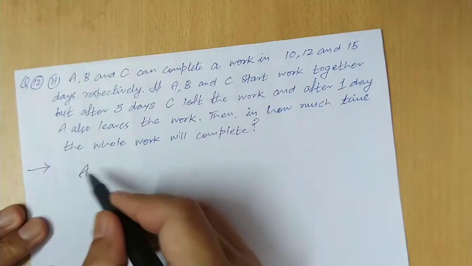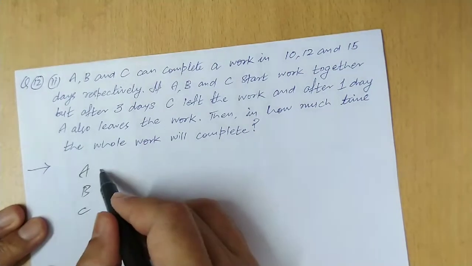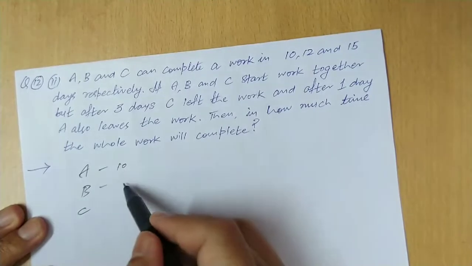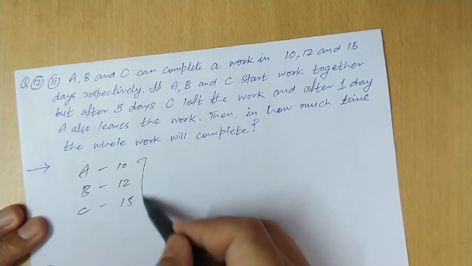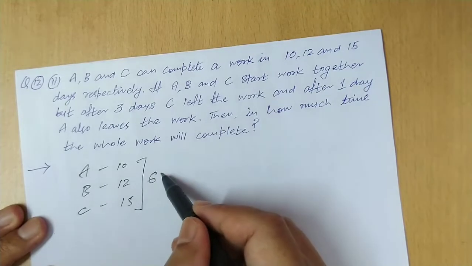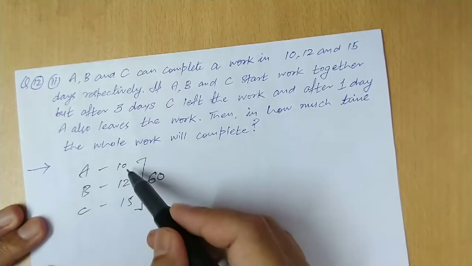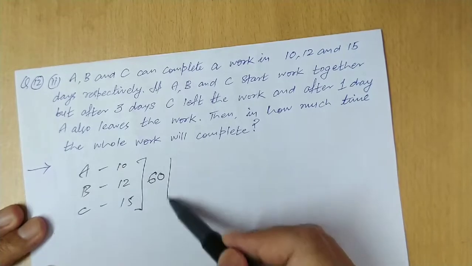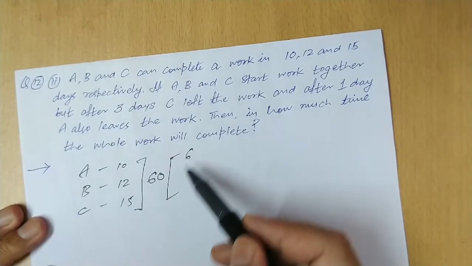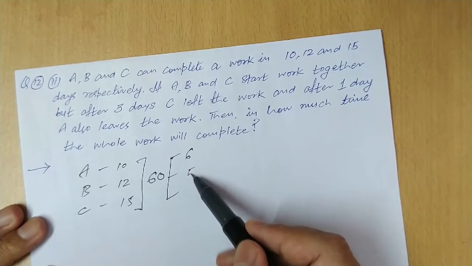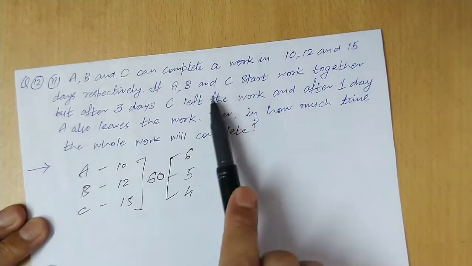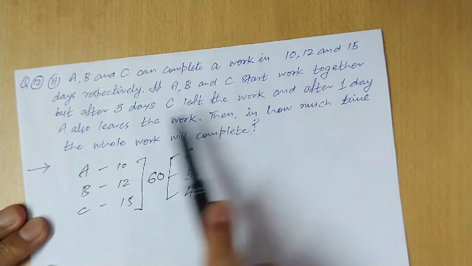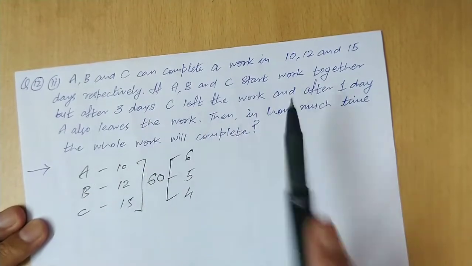Alright, A completes the work in 10, B completes the work in 12 days, C completes the work in 15. The same question. We'll take the LCM of 10, 12 and 15. 60 is the LCM. 10 6s, 12 5s, 15 4s. So the question says they start the work together, but after 3 days C left the work.